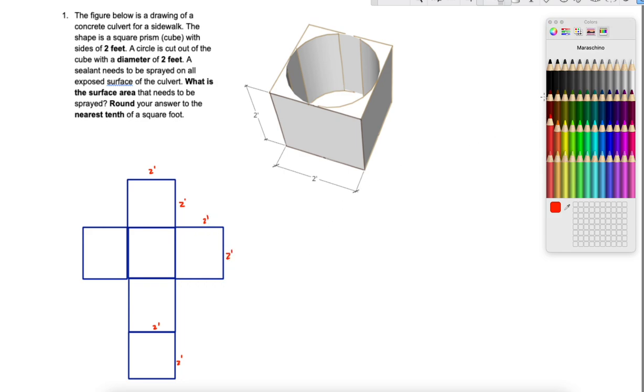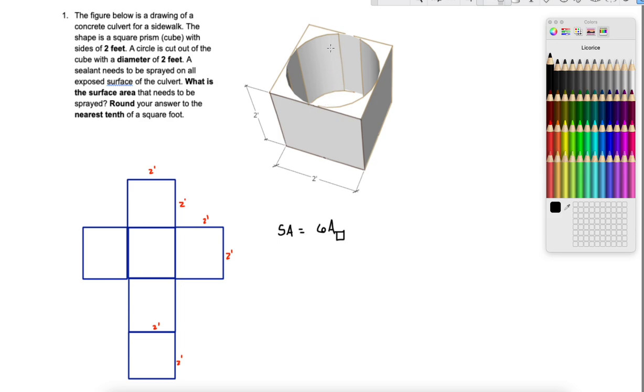Okay, so at the moment, I know my surface area. I'm going to call this SA for surface area. I've got 6 areas of squares. Okay, well, it's not so simple as that because some other things are happening.